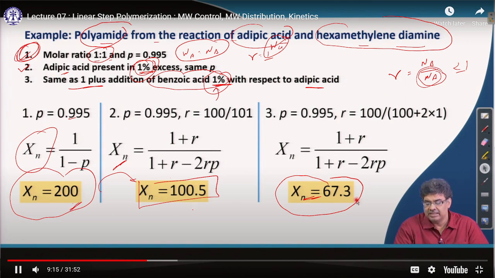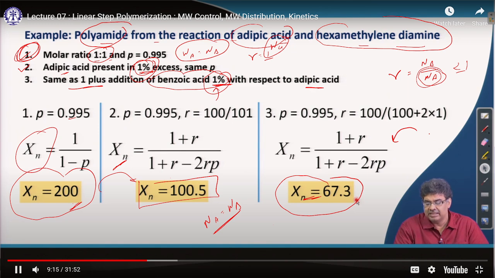So I think now you can understand the meaning of maintaining the concentration of Na and Nb, and the meaning of taking pure monomers, and that there should be no stopper.